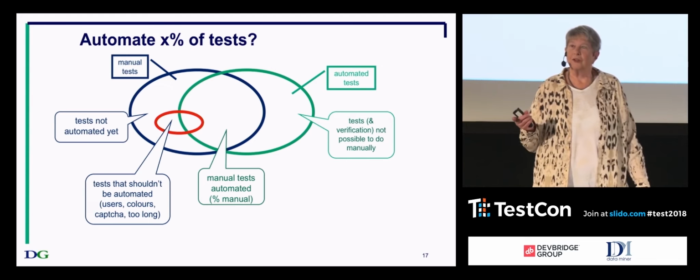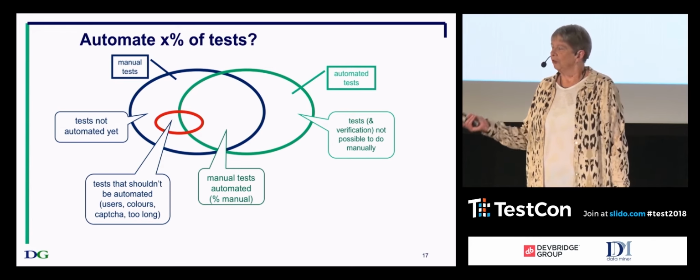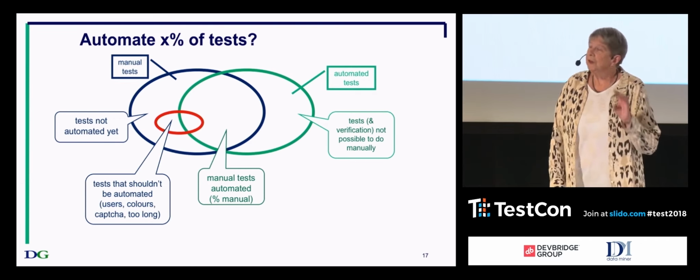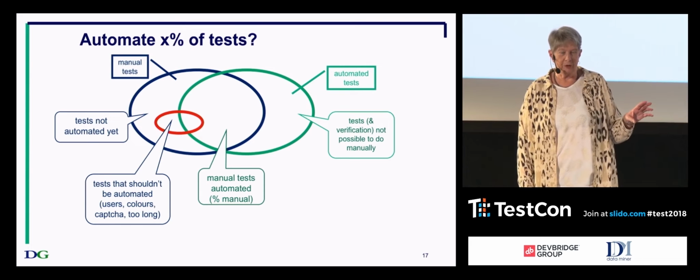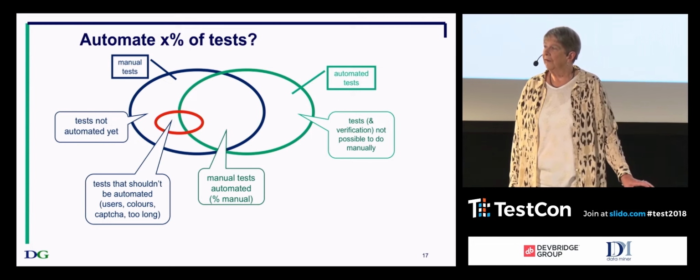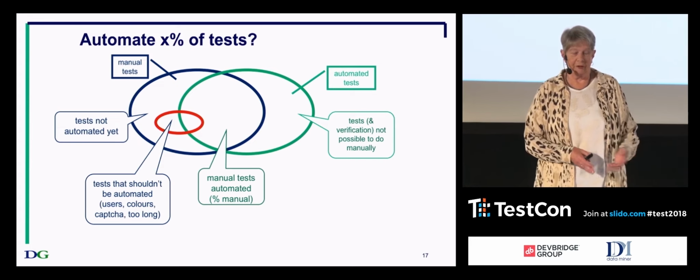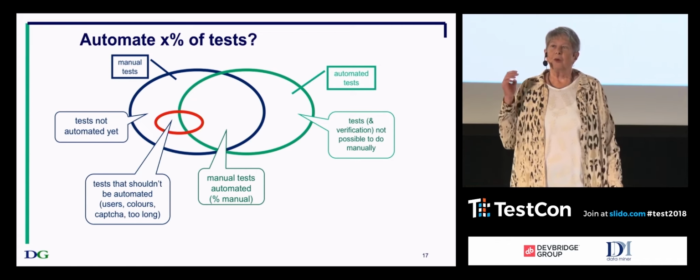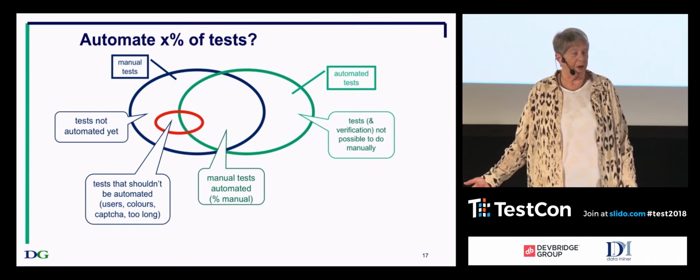Actually, Angie Jones has a spreadsheet, which I could send you if you want it, to help you decide which tests to automate. But there's another aspect to this. Looking at just automating what's a manual test now is not a good idea, partly because automated tests are different to manual tests, but also, if you only look at automating your manual tests, you're missing a trick.